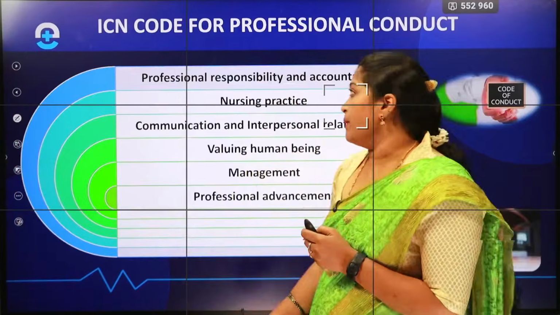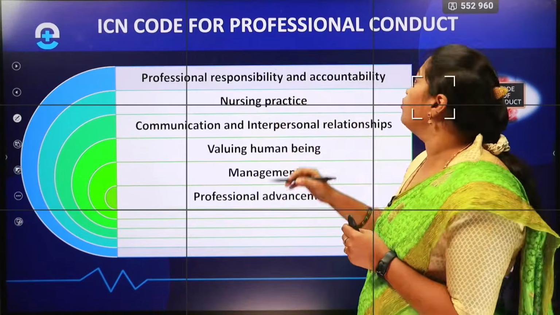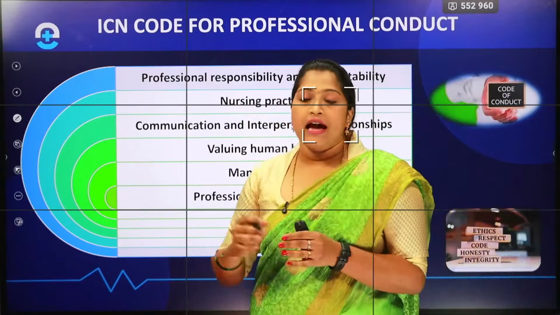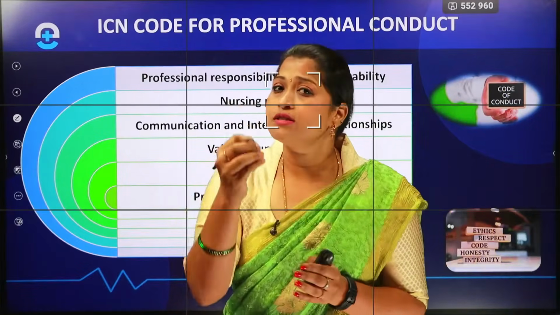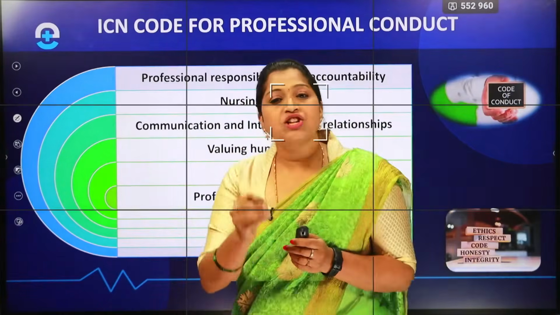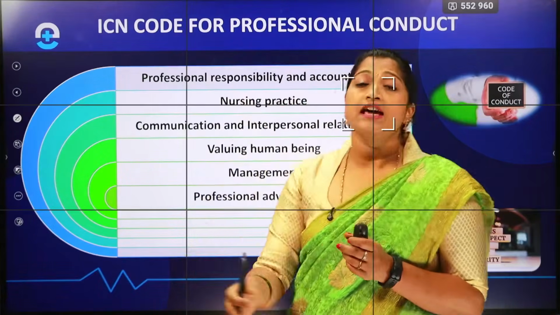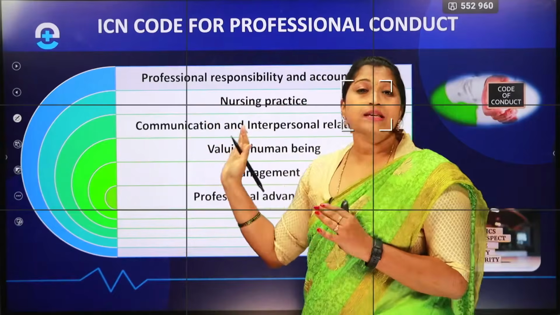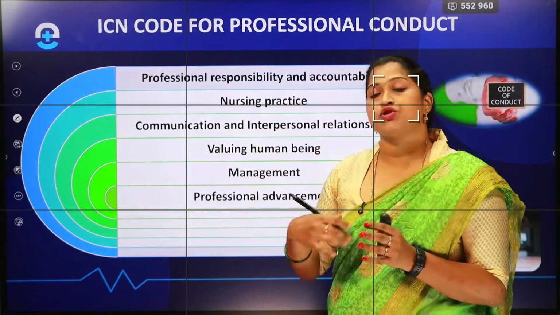And the next topic is the ICN code for professional conduct. As we already know, these are also certain principles or rules that the International Council of Nurses has given to nursing professionals that we as nurses should follow.